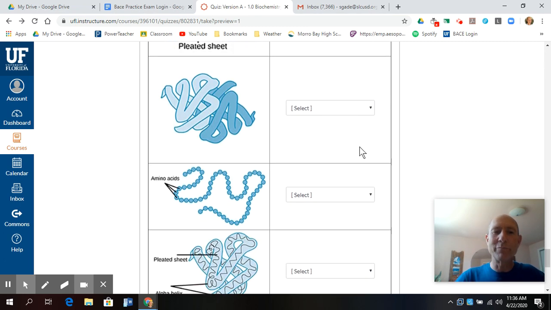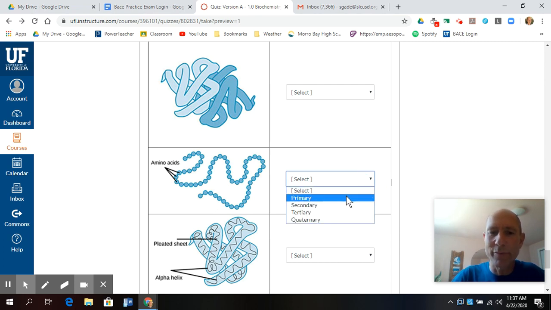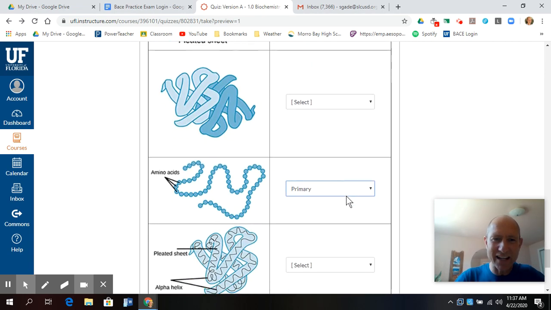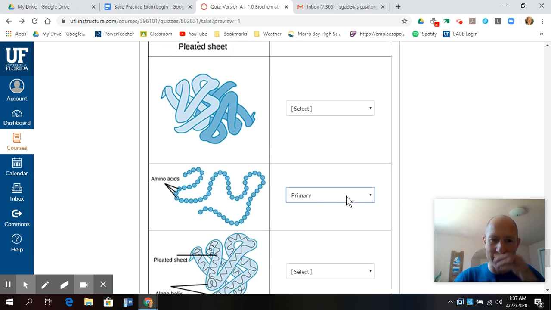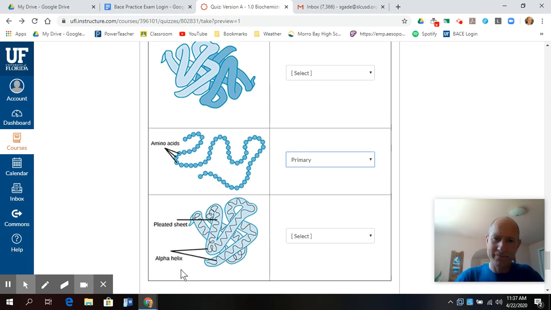So what's the most basic structure here? That would be this structure right here, which is a string of amino acids, which we know is called a polypeptide. And that's what comes out of the ribosome's butt. Boom. We know that that comes first. Next, we're going to look at these things and we're like, crap, I don't know. But if we look right here, we see that this structure contains something called a pleated sheet and something called an alpha helix.